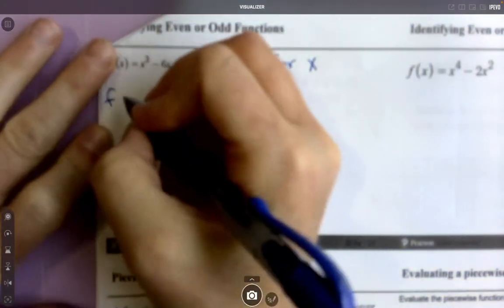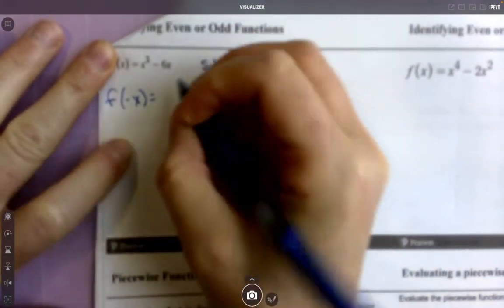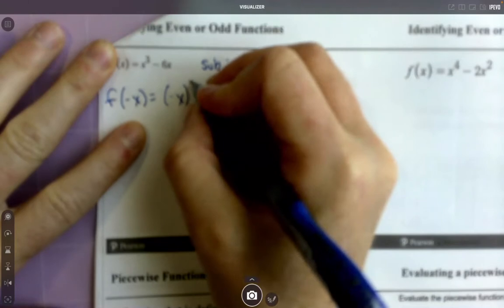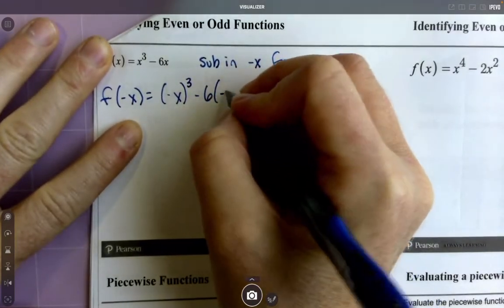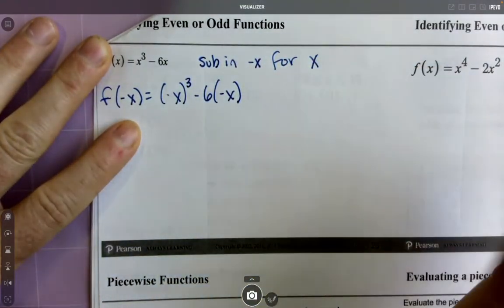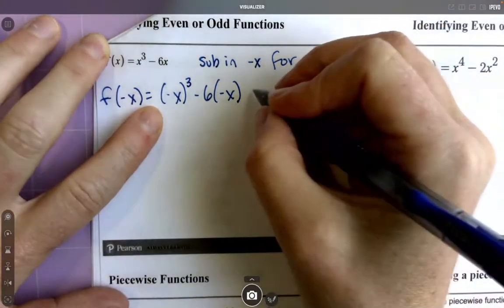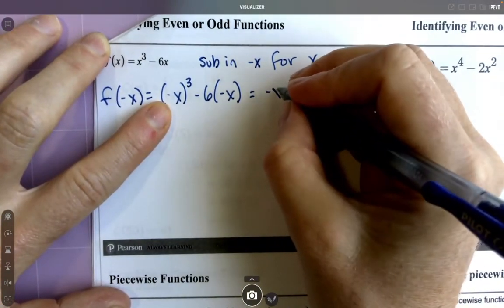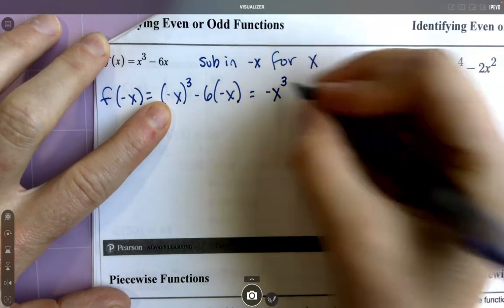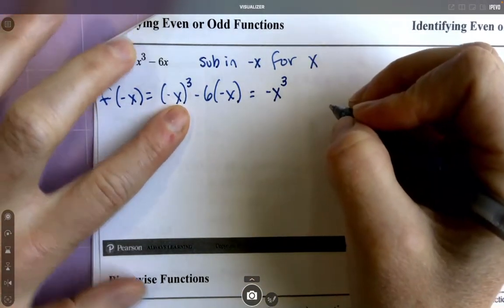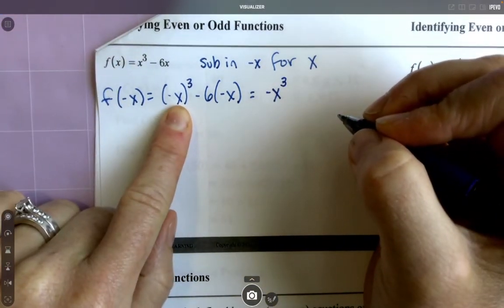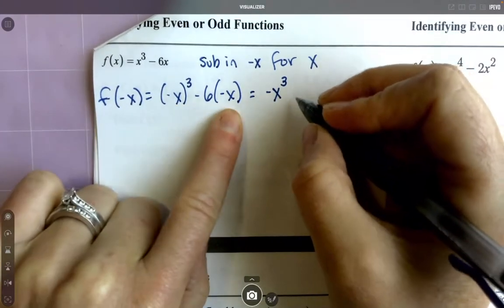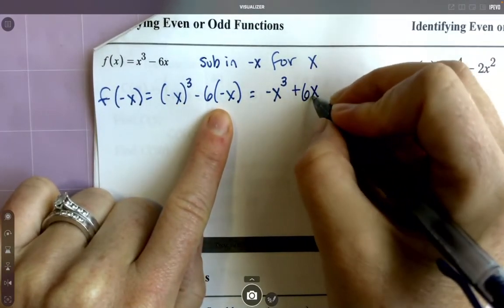So f of negative x equals negative x to the third minus 6 times negative x. To the third power, it's going to stay negative, so negative x to the third. And then negative times negative becomes positive 6x.